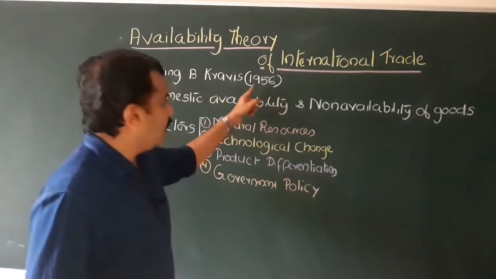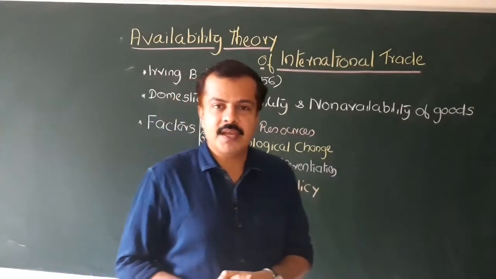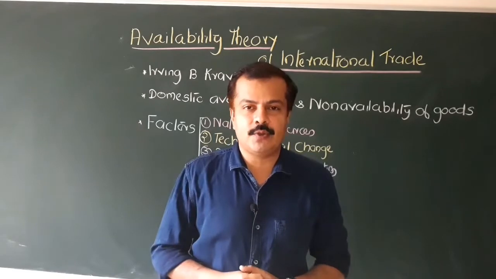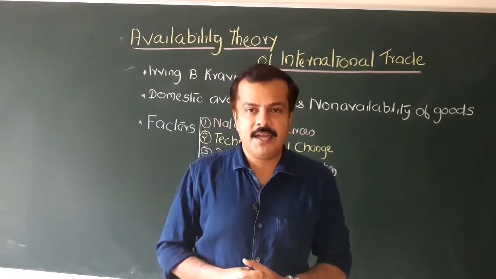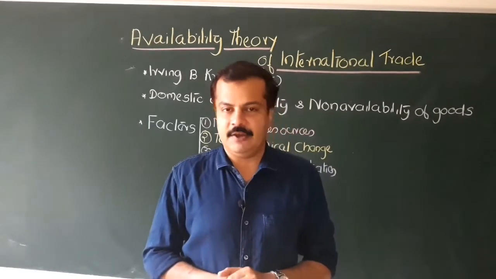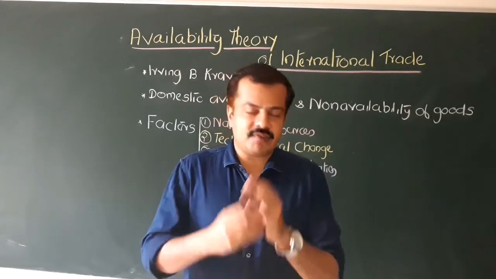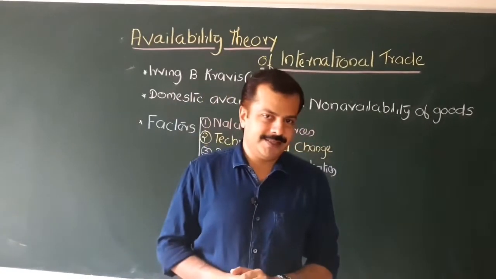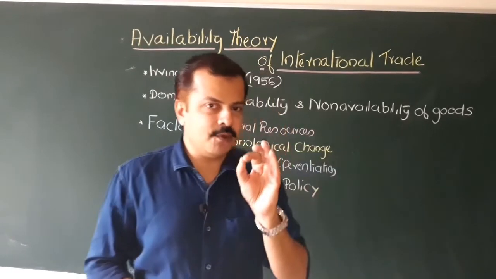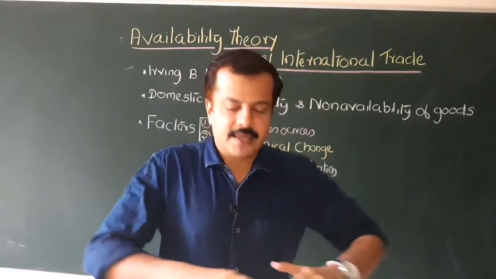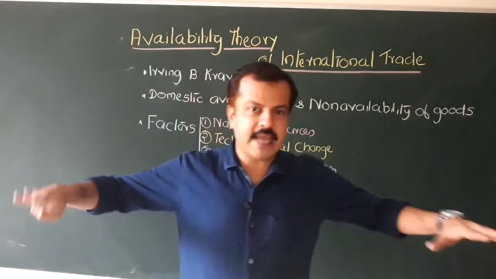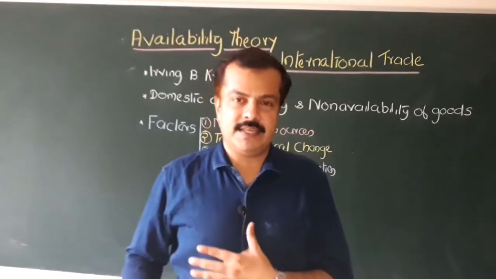In his work in 1956, titled The Availability and Other Influences on the Composition of Trade, published in the Journal of Political Economy, he criticized one of the core assumptions of the Heckscher Ohlin model. We saw that the Heckscher Ohlin model assumes countries have the same technology, or that countries are placed on the same footing as far as technology is concerned.